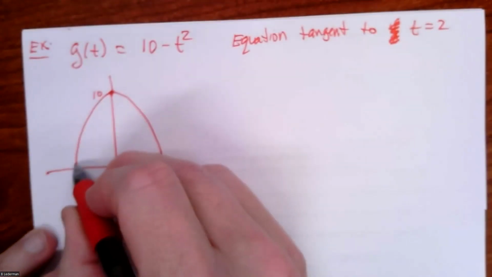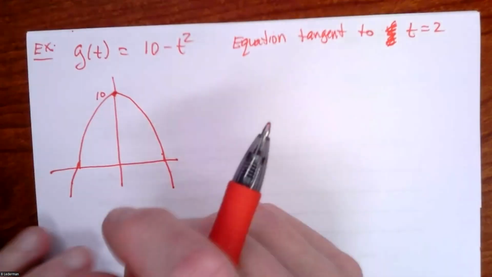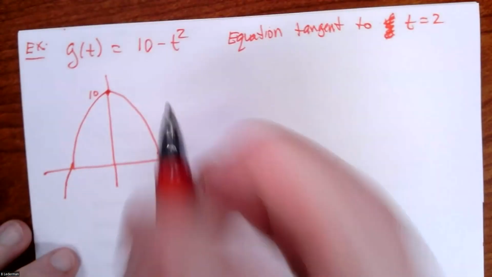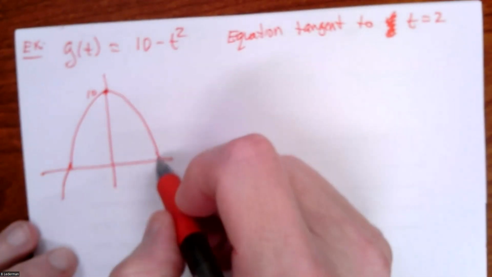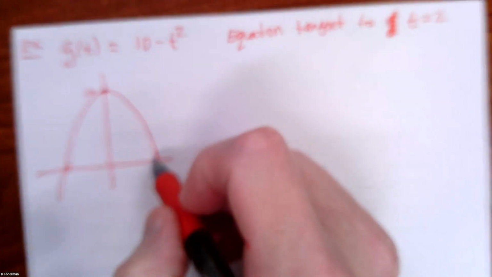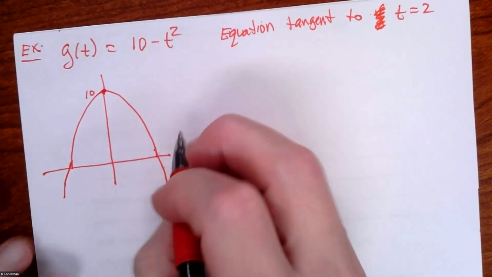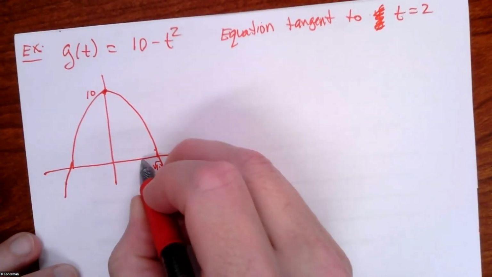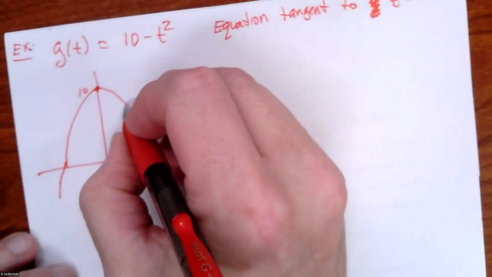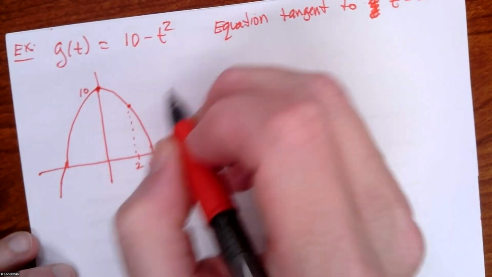Where is it? Is that above the axis or below the axis? Well, this number here would really just be the square root of 10, because 10 minus the square root of 10 squared is 0. Square root of 10 is like 3 point something. Means 2 is like over there somewhere. So this is the point where t equals 2.